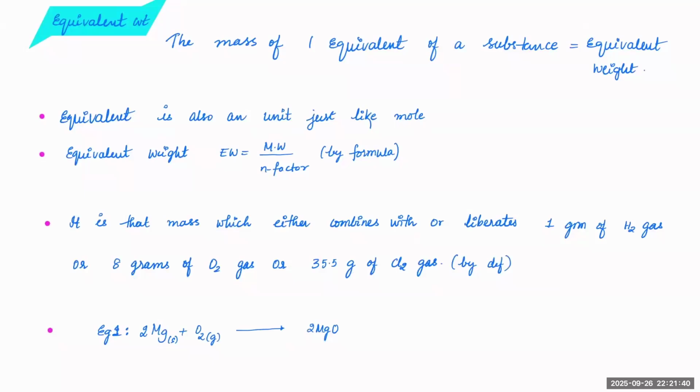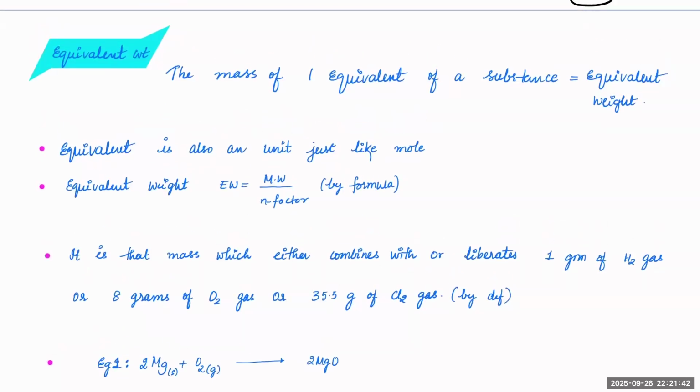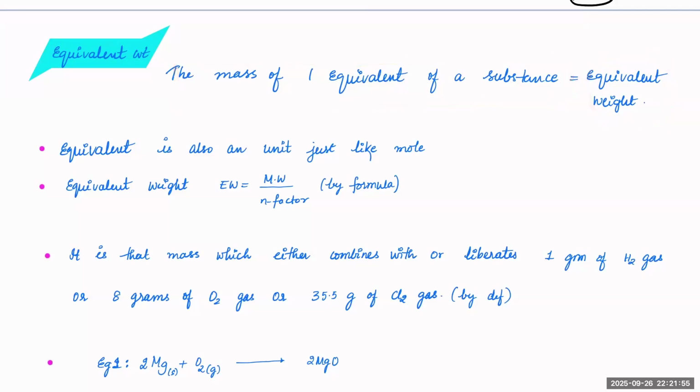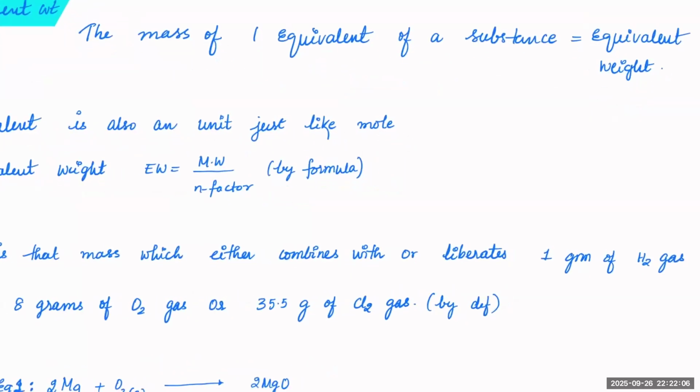Let me just give you an introduction of what exactly an equivalent is for us today. Okay. Next class, it's all about that. See. The mass of one equivalent of a substance is called equivalent weight or equivalent mass. Equivalent is similar to moles. How we define the mole: mole was just a number, correct?